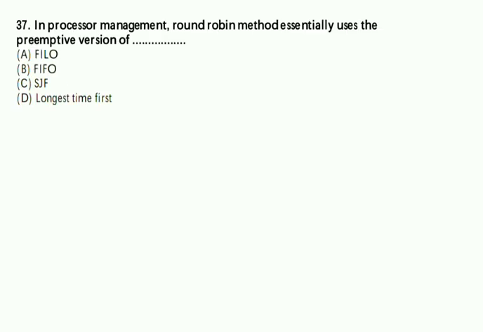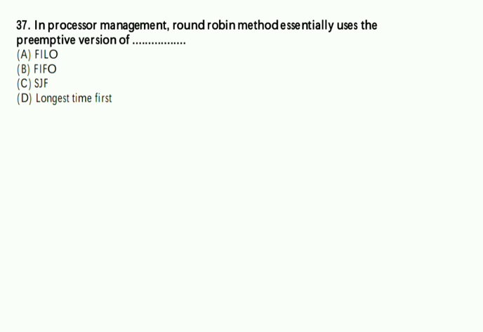In processor management, the round-robin method essentially uses the preemptive version of the first-in, first-out method, FIFO. Okay. Option B is the correct one.